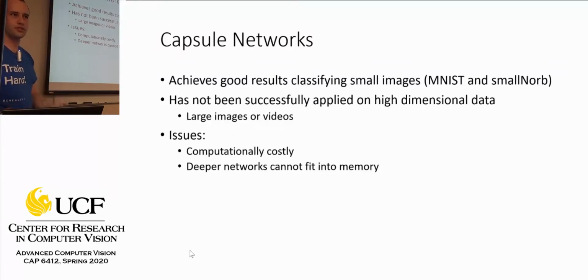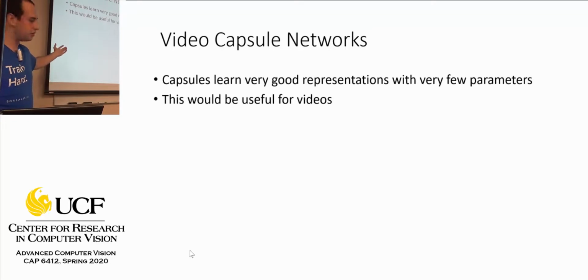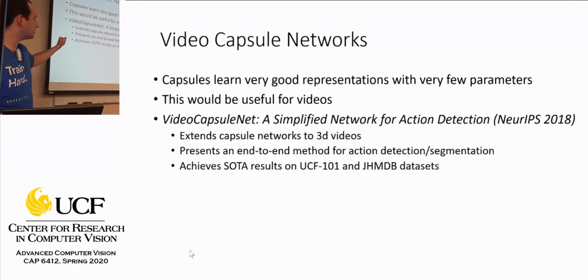So if we learn these representations in videos, that would benefit us in video understanding. So that's our work that we extended to videos. The summary of that work is basically we extend capsule networks, before they were just 2D, right?